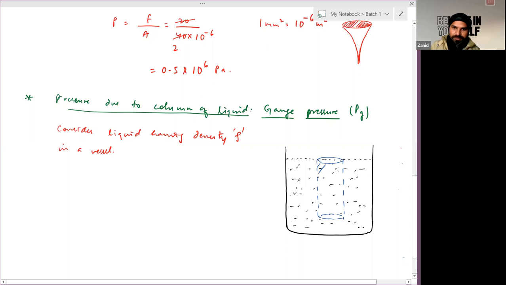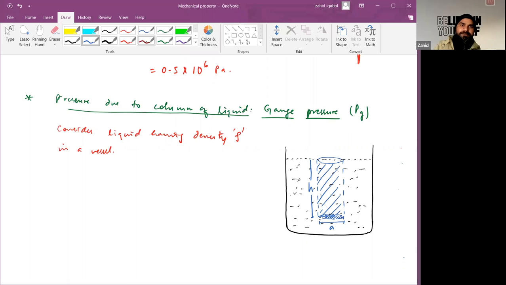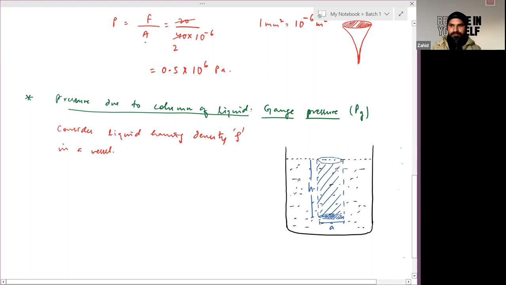So let's assume a cross-sectional part in the shape of a cylinder having area A and height of this strip H. Since this amount of fluid will accelerate in downward direction due to gravity, it will exert some pressure on this surface. This pressure due to this column of liquid is called gauge pressure. Okay. Yes, sir.